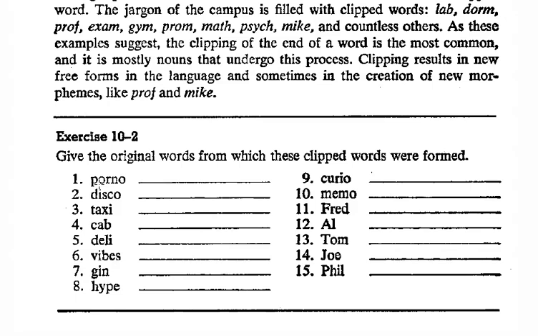So when you see the word porno, it means that it is pornographic. You can check the meaning of pornographic in the dictionary. Now, the second one, disco, is a word that was originally discotheque.